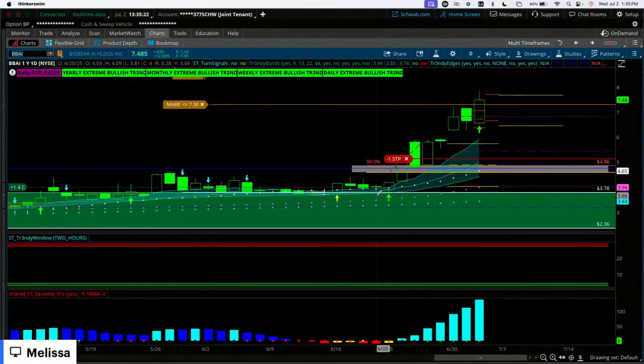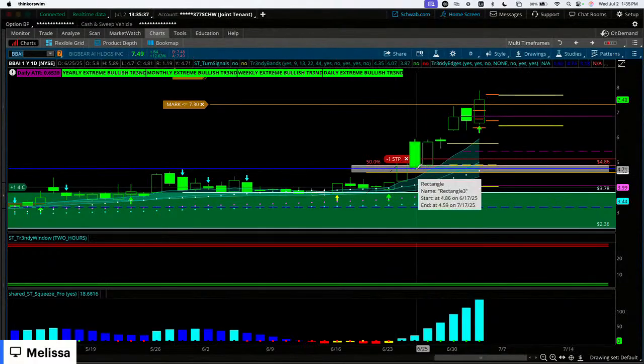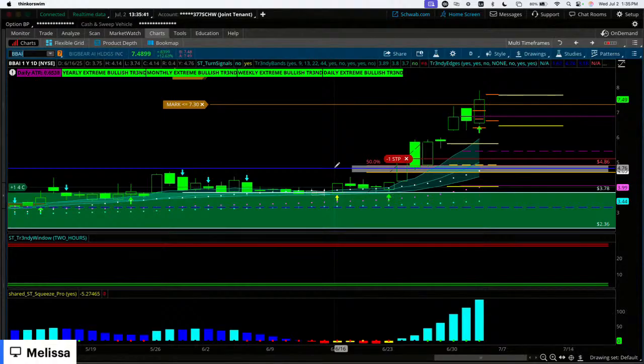Now, I measured from this uptrend, and at the time that we bought the dip, the high was here. So I measured from the swing low to the swing high, identified the golden pocket, a Trendy indicator, the yearly edge, the blue line on the chart here, was right in that golden pocket.